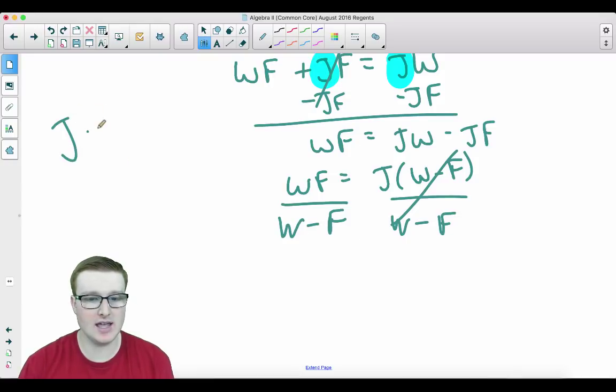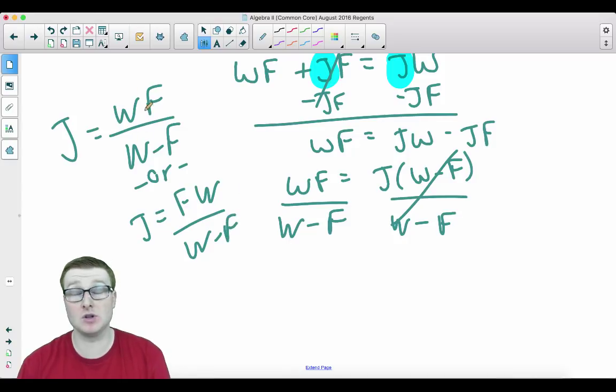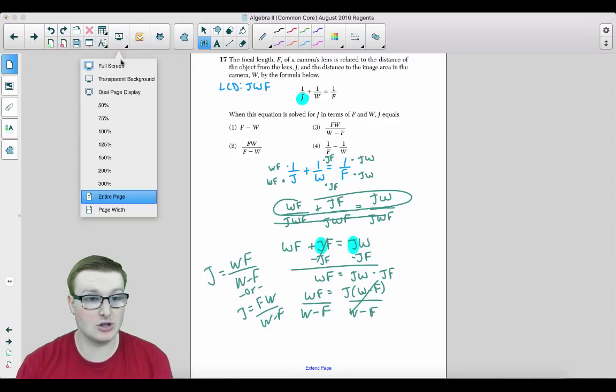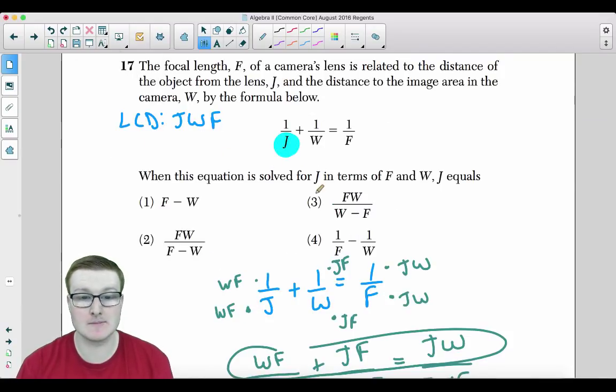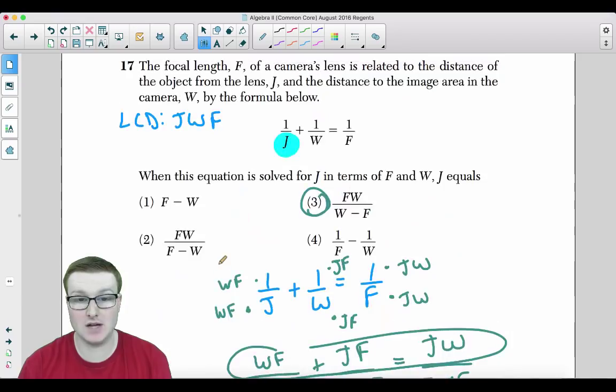Your answer is j equals wf over w minus f, or it could be j equals fw over w minus f, because multiplication is commutative, so it has to be one of those answers. When we look back, your answer is choice 3. It has to be w minus f, but it could be wf or fw. In this case, they chose fw as the numerator. And your answer is choice 3.